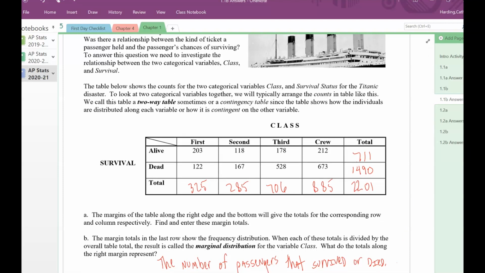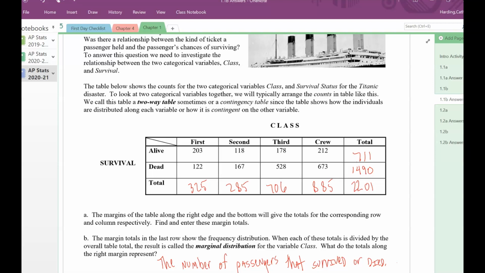These numbers on the outside have a special name. This is called the marginal distribution. So if you look at the last column, 711 people survived, 1,490 people did not. This is called a marginal distribution of survival. Likewise, in the very last row, you have 325 first-class passengers, 285 second, 706 third, and so on.